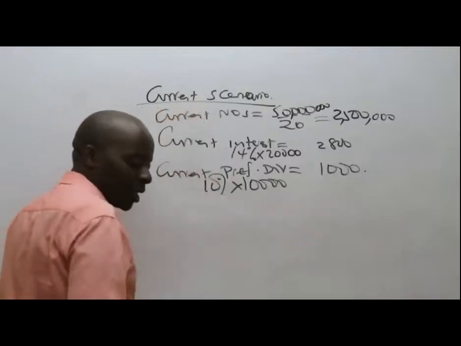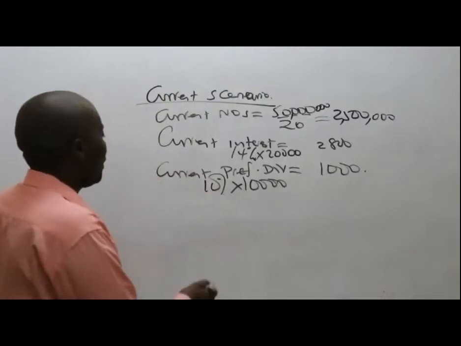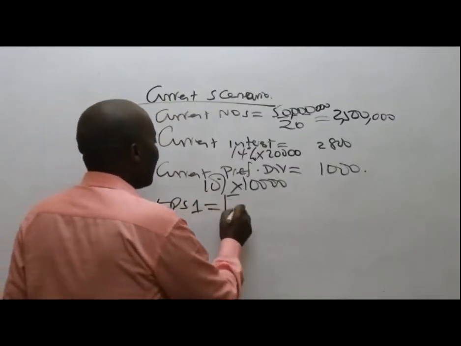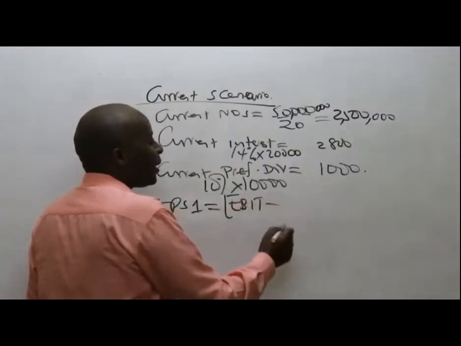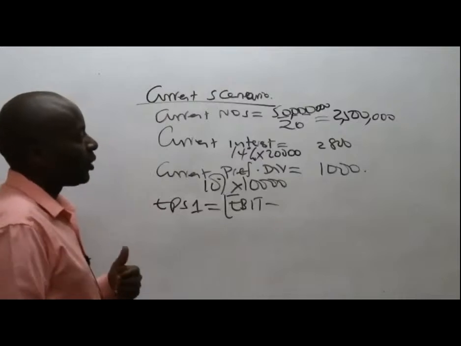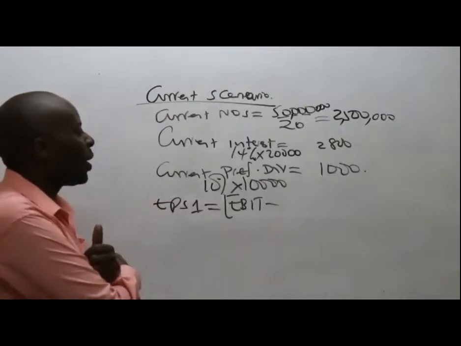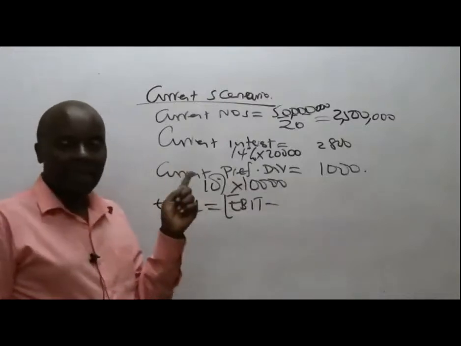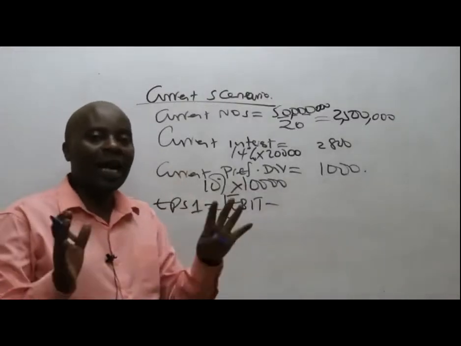We know how it looks like. So EPS, in this case here, EPS 1 will be EBIT minus interest. We have agreed that we work with the old interest. How do you want us to capture these figures? In millions, or we capture them the way they are?